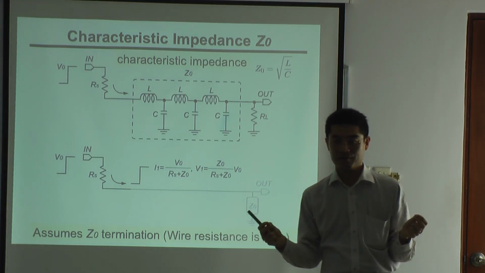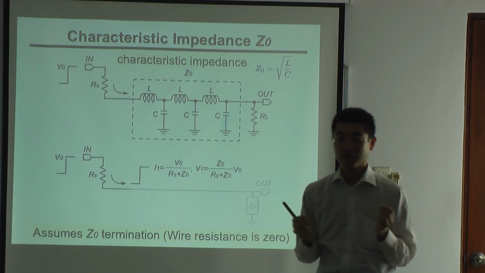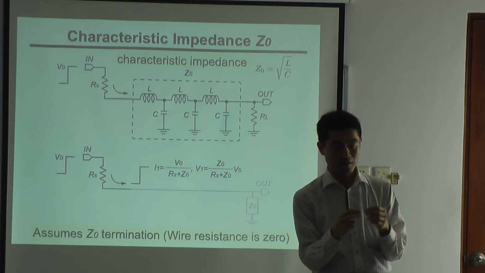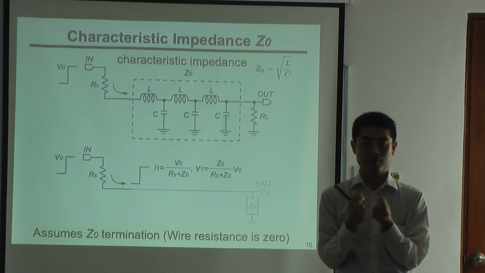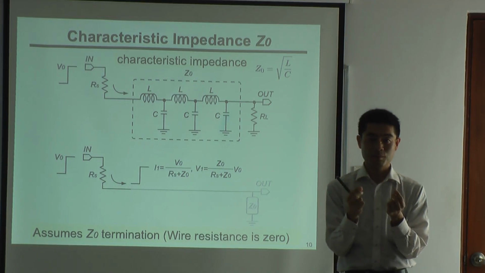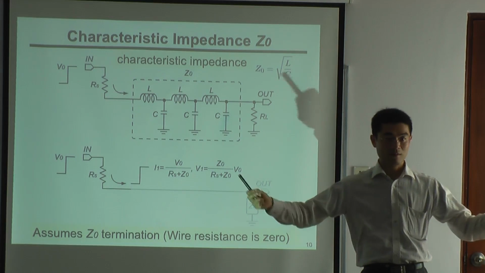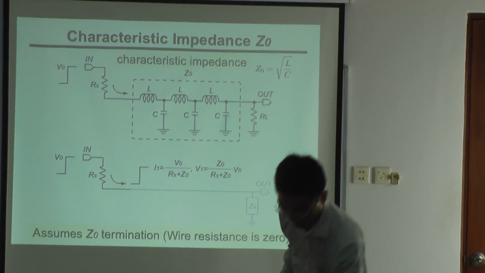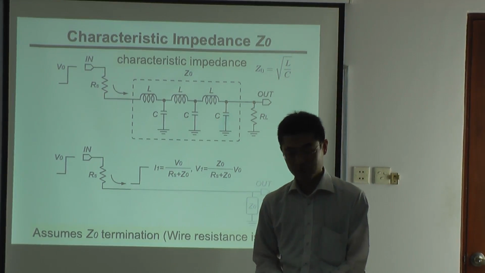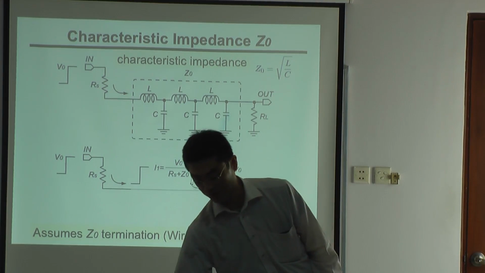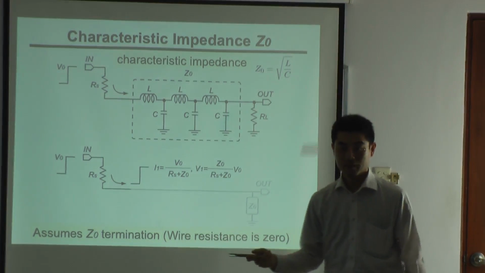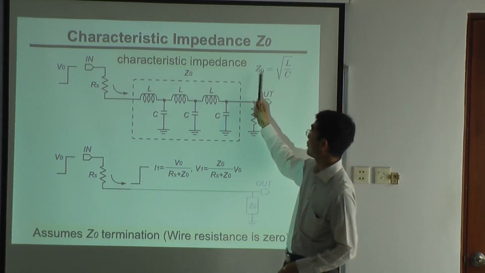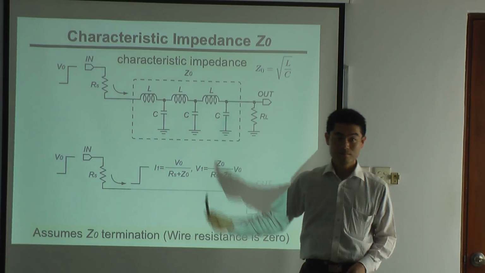We call this the characteristic impedance of wires. So all wires have characteristic impedance, even the wires between inverter and inverter. This line has characteristic impedance, and this line also has characteristic impedance, and we usually use Z0.